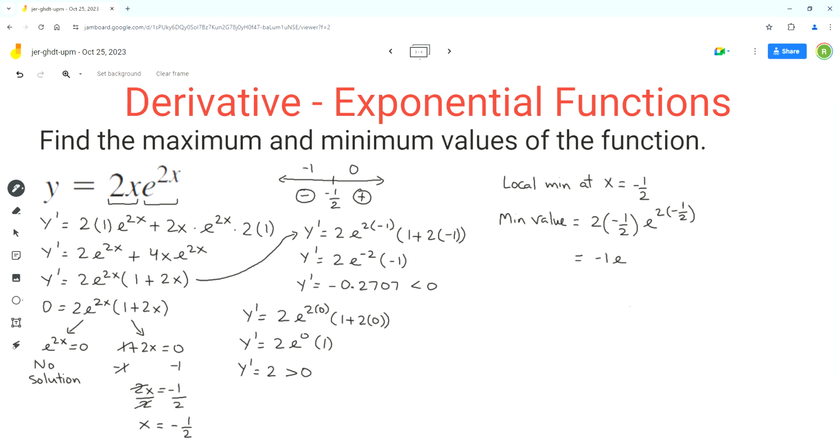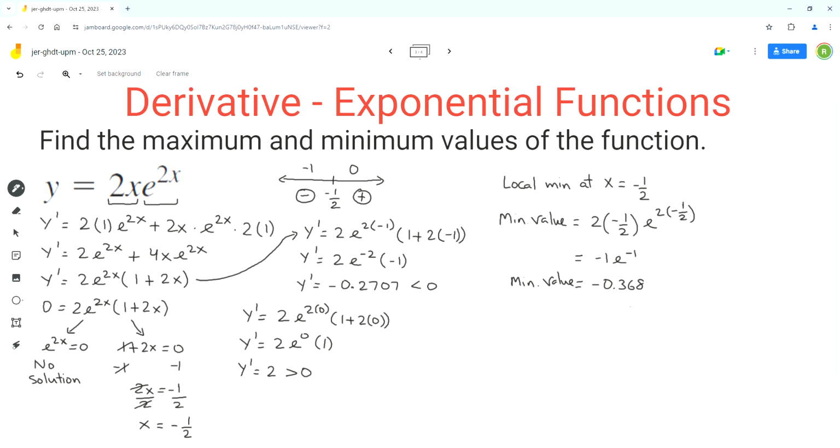And then in the exponent, 2 times -½ is -1. Now we can evaluate this expression. So I got negative. So this is the minimum value for this function.